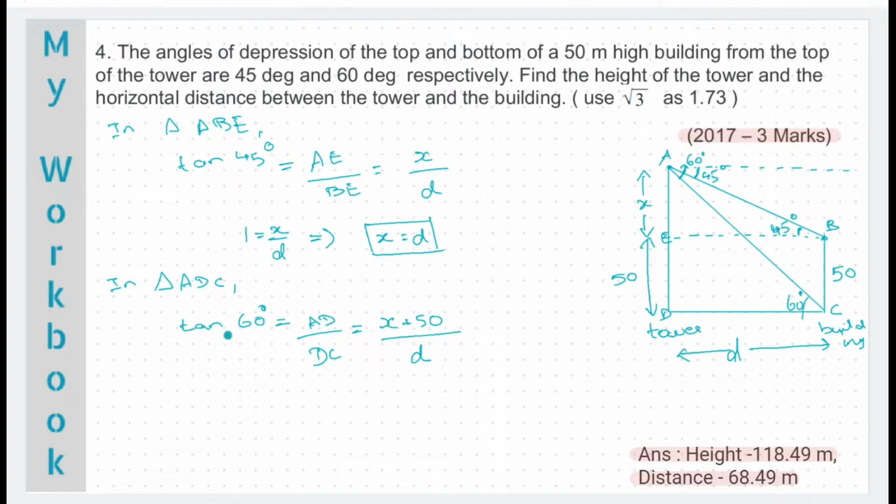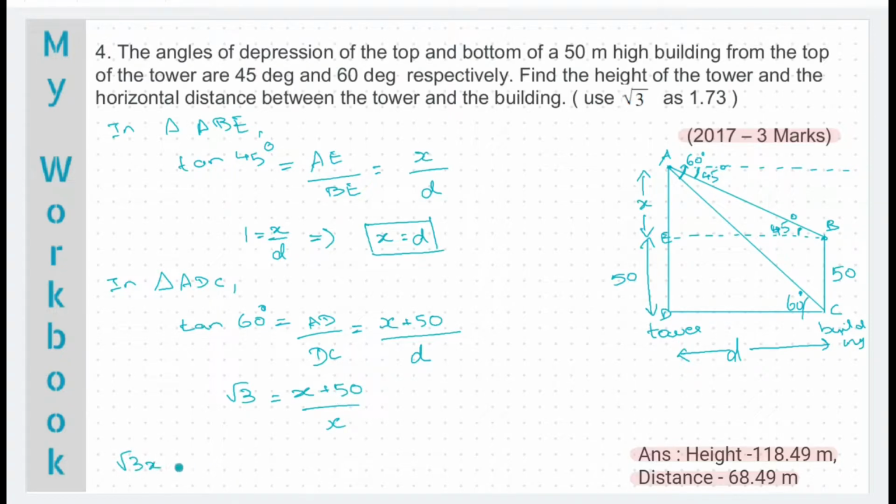And what is the value of tan 60? It is root 3, equal to x plus 50 by, we have already found that both x and d are same. So let's replace this d with x. So you get an equation in terms of x. Let's solve this to find the value of x.